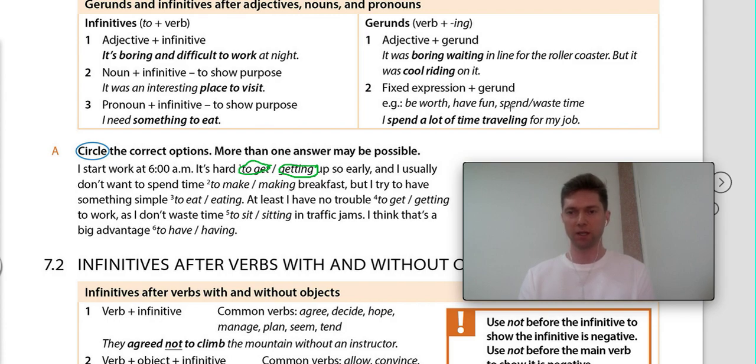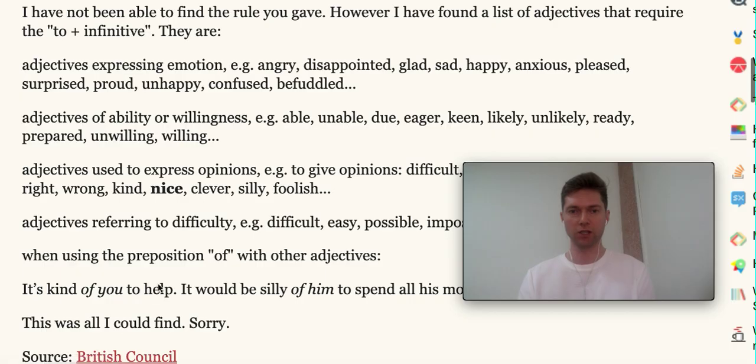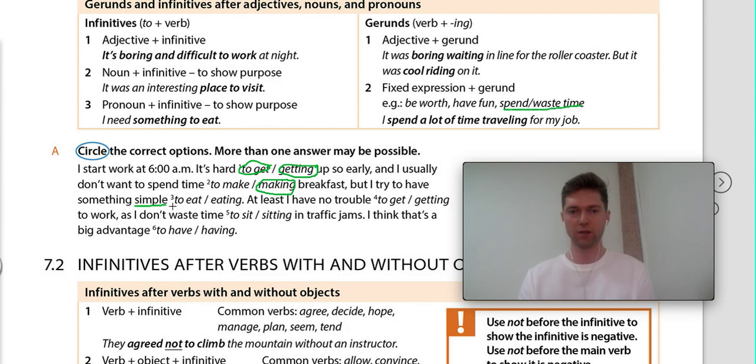Spend time is a fixed expression. So we know that we have to use a gerund after a fixed expression. Number 3, I try to have something simple to eat or eating. Simple is an adjective, but simple is an adjective on this list. Okay, on the list that we have to use only infinitives after to eat. So we know that it's infinitive, to eat.